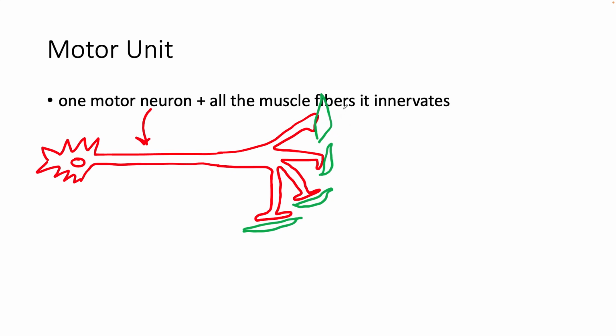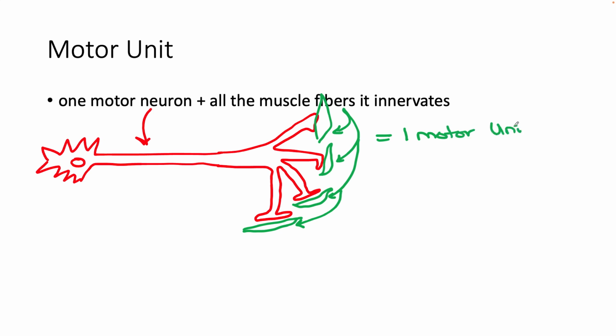And so it's going to innervate, or cause to contract, give electrical signals to 4 little muscle fibers. So in my drawing, we have 1 motor neuron and 4 muscle fibers, and that's 1 motor unit.